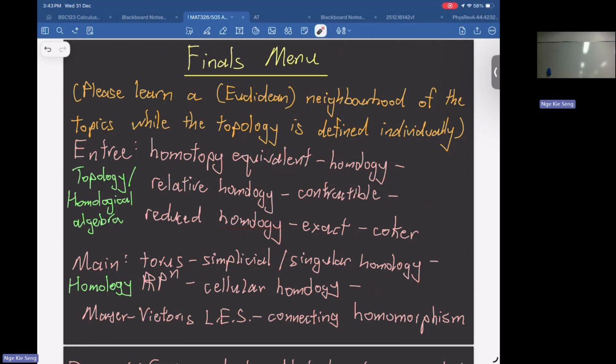How does homotopy equivalence affect homology? How does contractible affect relative homology, and then how reduced homology connects with the other things, and then exactness and cokernel, how they connect. But these terms, I think you need to familiarize yourself with first. I would say that the questions are mostly from the notes.